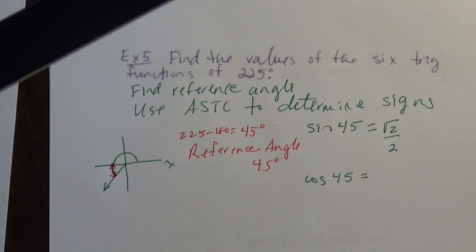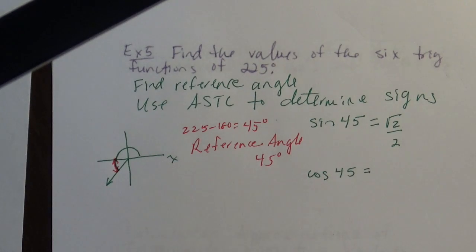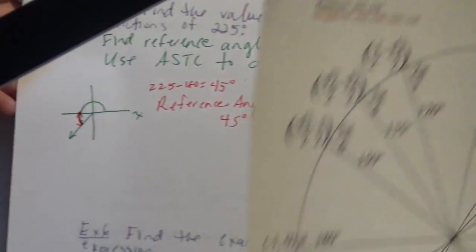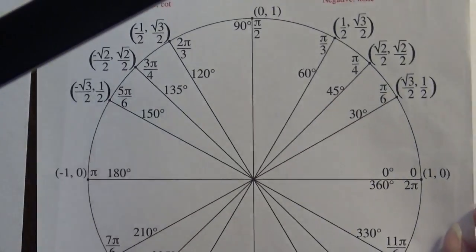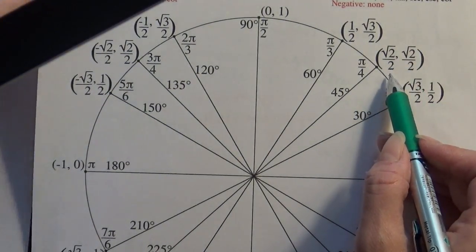I'm going to pause for a second while I find my unit circle. On the unit circle, we are finding cosine 45. So here's my 45 degrees. Cosine, remember, is the x-coordinate, so square root 2 over 2.